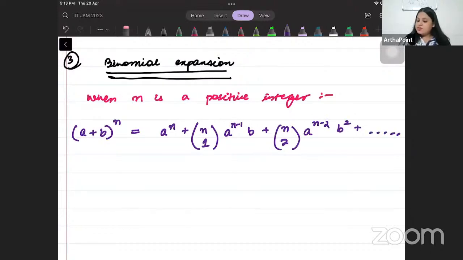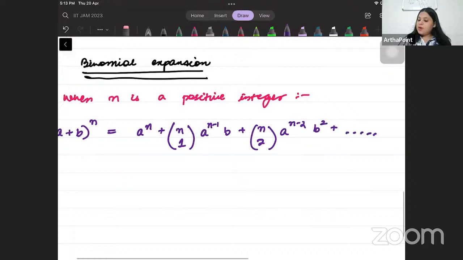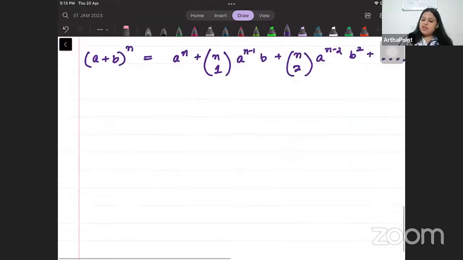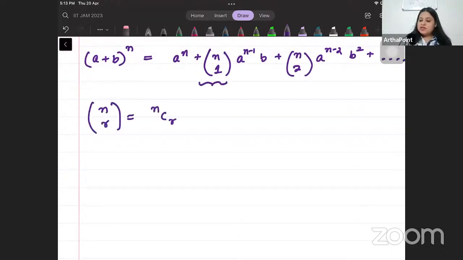The last term of this will be b to the power n. This is how you can write the formula for a binomial expansion. Let's mention what this is, beta. This is nothing but nCr, and nCr is n factorial upon r factorial, n minus r factorial. This is how you can open this at any point of time.